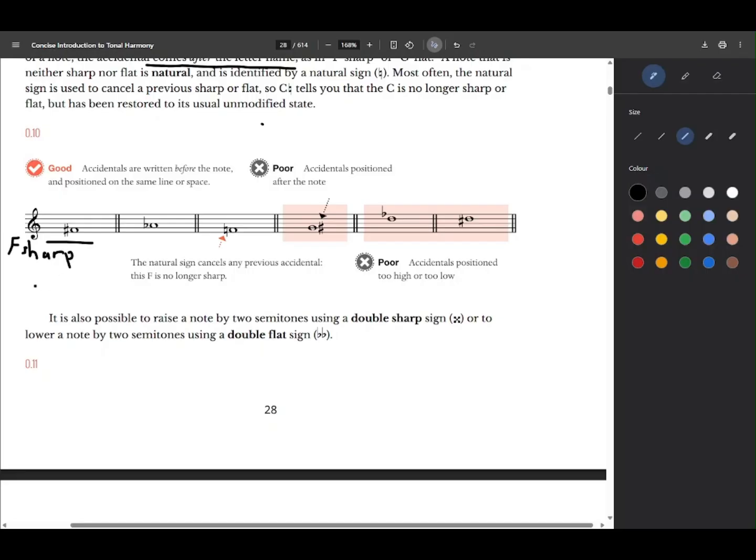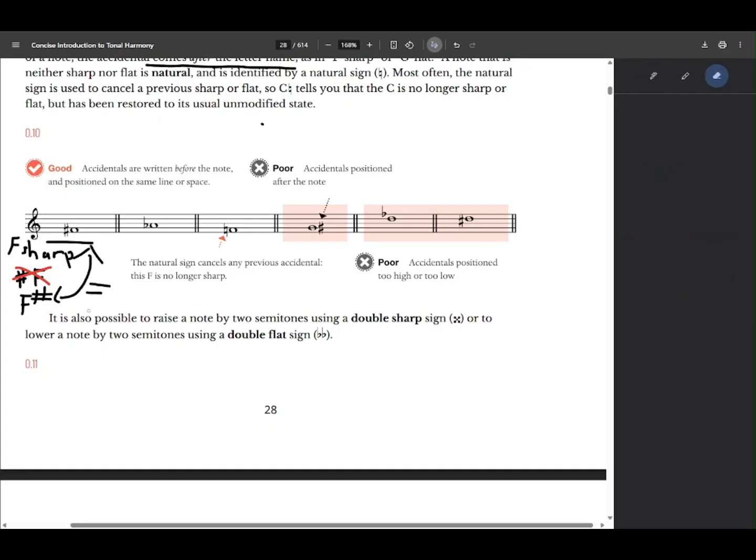And when we write this down, we don't do sharp F either. That is a no. We say F and then the sharp sign. So it's written differently, but that is how you describe it when you're talking about it.